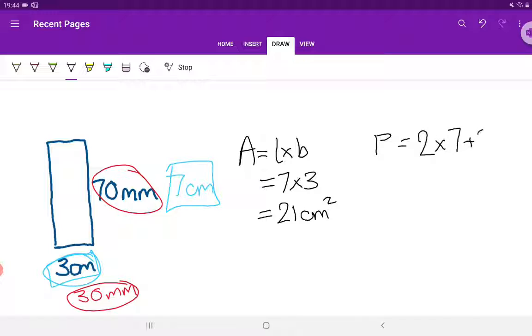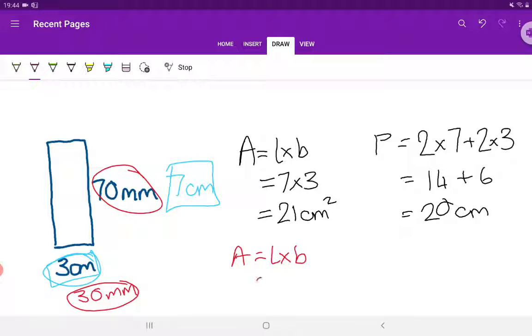So 2 lots of 7 plus 2 lots of 3. So although it's quite an easy sum, I'm still writing down exactly what I'm doing. So 2 7s are 14 and 2 3s are 6, showing, remember to do your bit of maths, and that would be 20 centimetres.